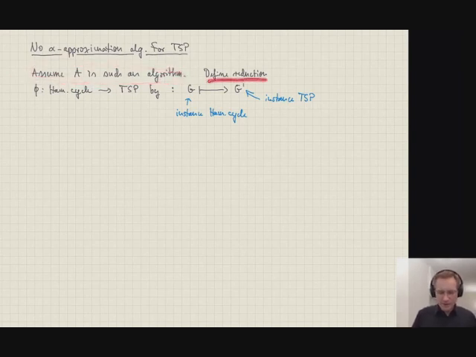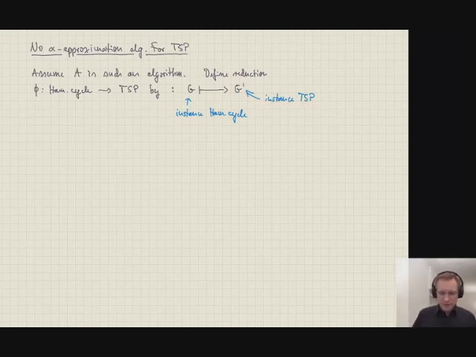Then we define a reduction, namely from the Hamiltonian cycle problem, so the existence of a Hamiltonian cycle in a non-directed graph, to the traveling salesman problem. That means we are mapping a non-complete graph, the existence problem of a Hamiltonian cycle, to a complete graph, G prime, which is going to be an instance of the traveling salesman problem.